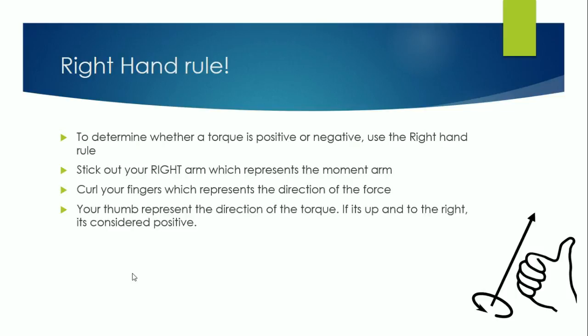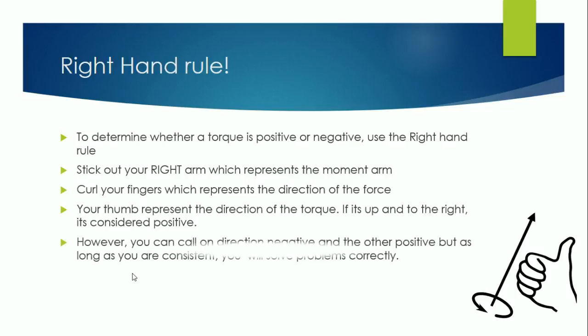But if you're already comfortable with naming forces, whatever negative or positive, as long as you are consistent, you will solve the problems correctly. Just like how in kinematics I like to call up positive, down negative, you can be a little different and call up negative and down positive. You will still solve it correctly as long as you put everything in the same consistent sign.